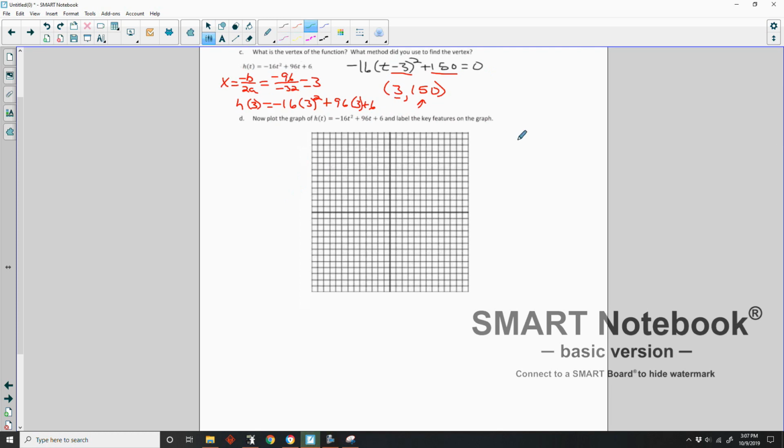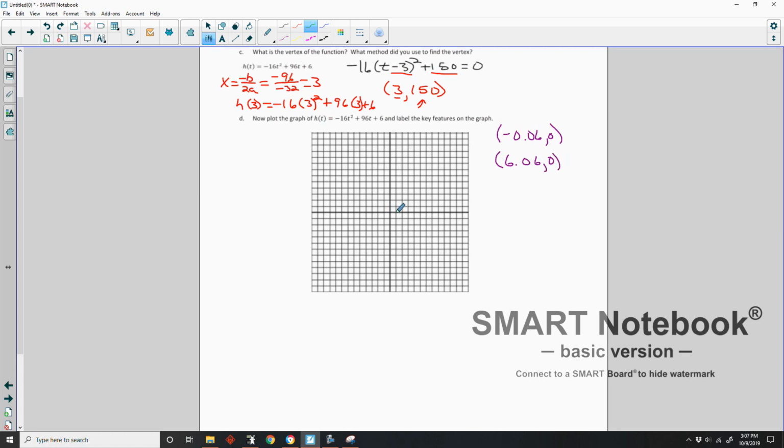Okay, so from part A and B on the prior page, we know that the zeros were (-0.06, 0) and the other one was (6.06, 0).